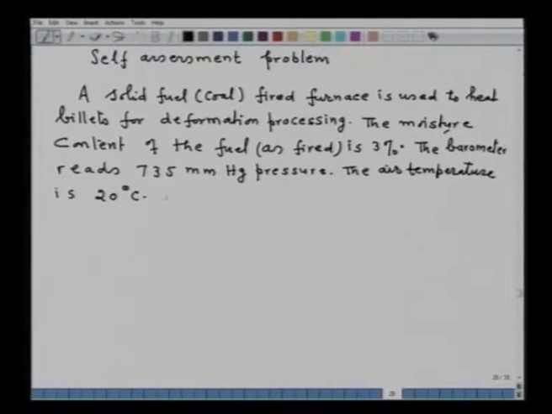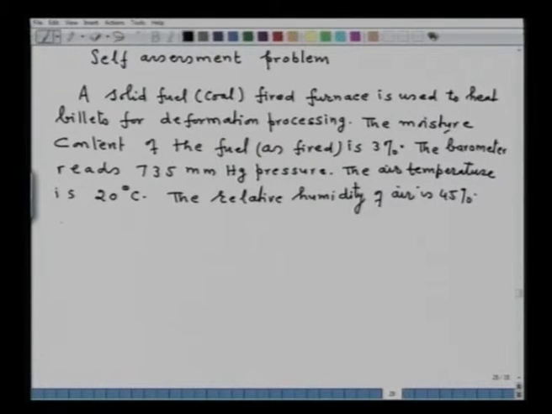The relative humidity of air is 45%. Mind you, here air is not dry as compared to the previous problem. Here air is humid and the relative humidity is 45%.